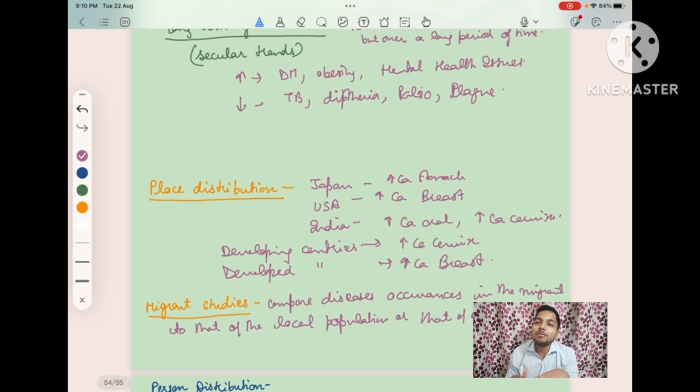So if it is happening more in people who are already living there as compared to those who have migrated, that means it has a genetic origin. It is not related to the environment. Now this does not mean that we have to do this study in people who have migrated 2 days back. No, people who have been living here for so long, but still are a migrated population over here.